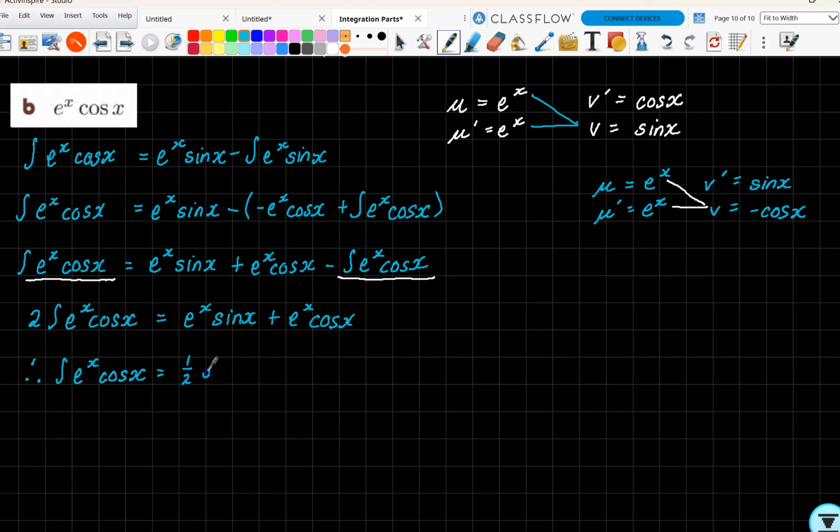So a half e to the x, sine x plus cos x. And don't forget plus c. So give the other two a go, but you'll see it sort of repeats. And again, setting out is crucial. Crucial. Okay?